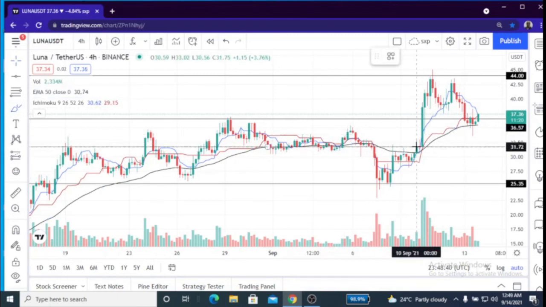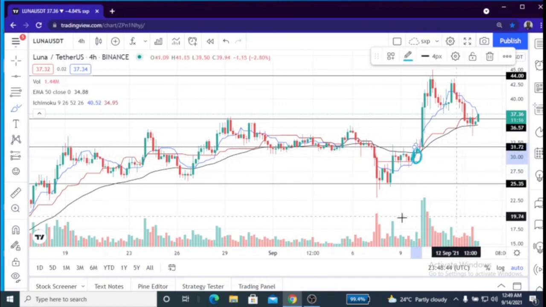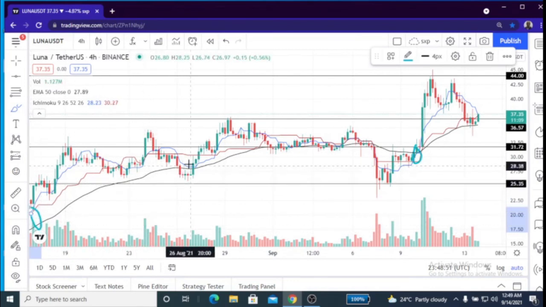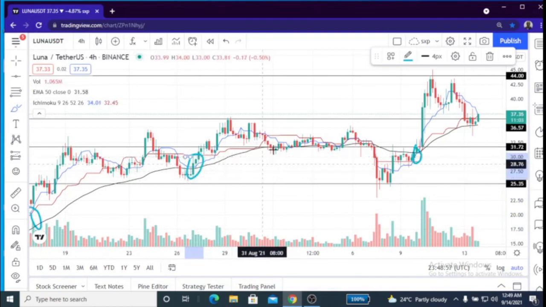We are entering a long at this very point because that is where the crossover happened. We will enter a long at a point around here. We will enter a long at a point around here. And so you can see that we had like 3 or 4 opportunities to enter a long.